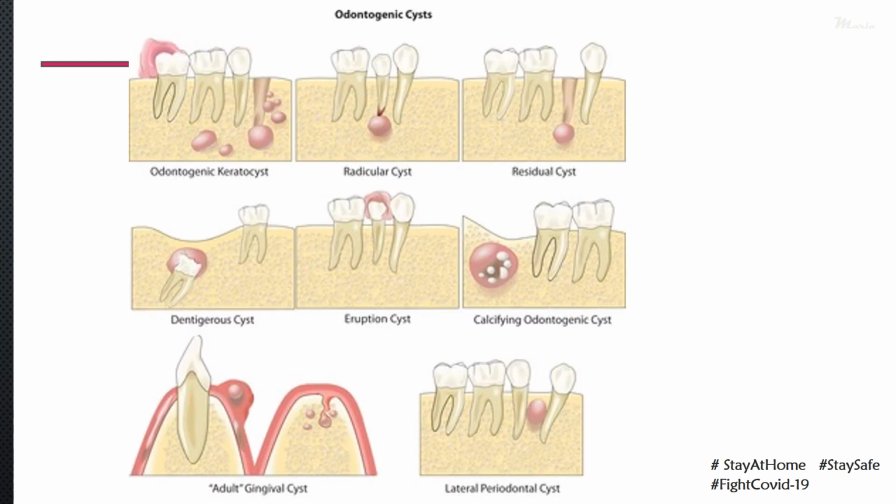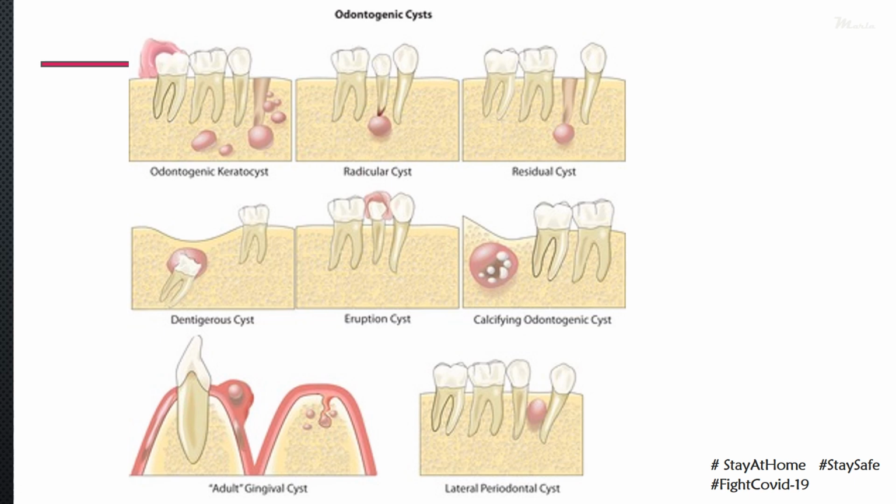So, to conclude this topic, there are a number of odontogenic cysts which may occur in relation to the jaw. We have discussed a few of the common cysts in detail. However, it is important that each one of us know about the other cysts as well.